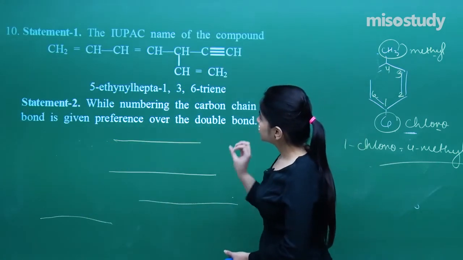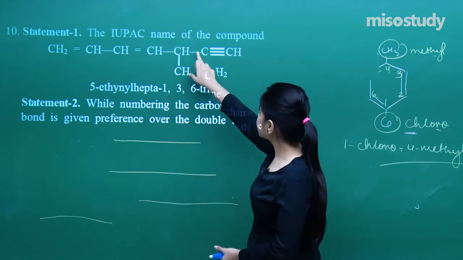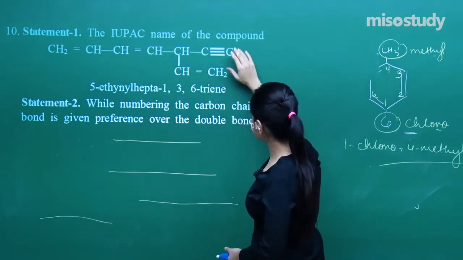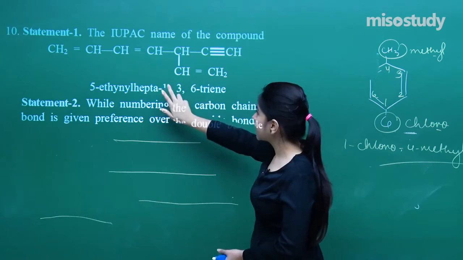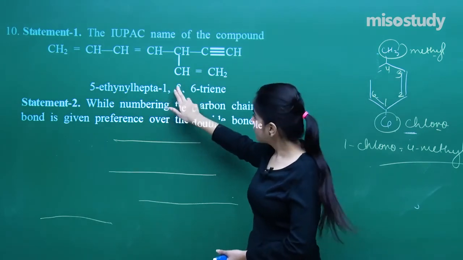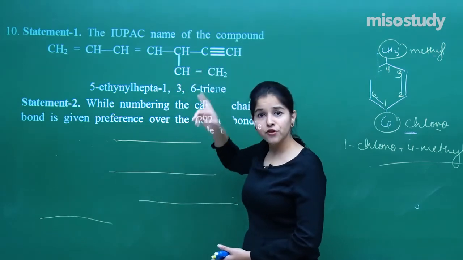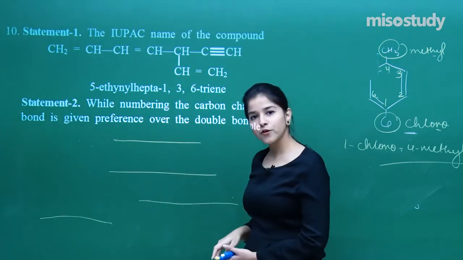Okay. Statement 1: the IUPAC name of the following compound is this. So they have given a statement that this very compound has the IUPAC name as this. Let us find out the IUPAC name, whether this statement is correct or not, whether the name is correct or not.